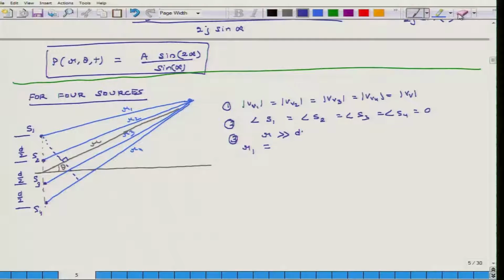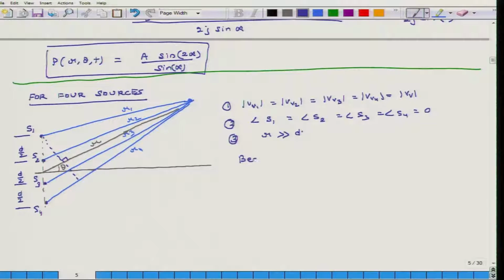Okay. So, given the third assumption, we can say that R1, R2, R3, R4 all these vectors are parallel to each other, and the relation between R1 and R2 and R3, R4 is something like this.